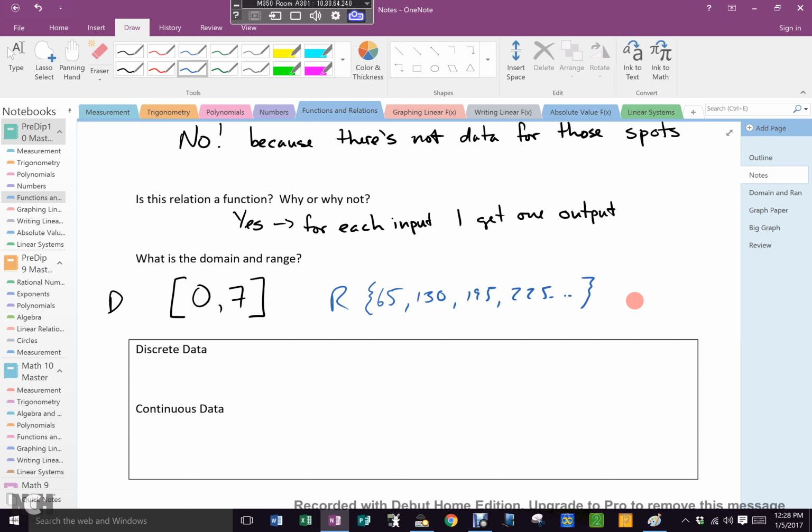Cool. All right. So now we have 2 new words, discrete and continuous data.